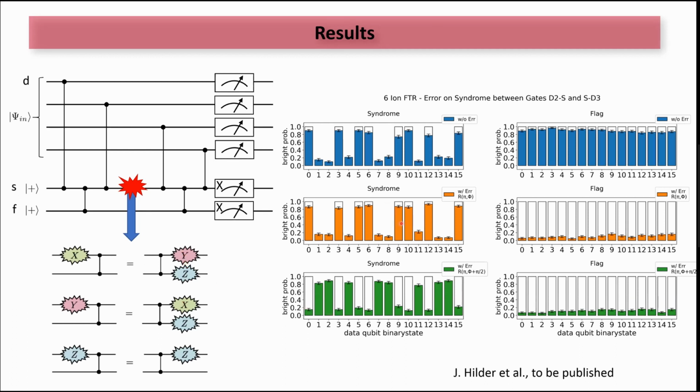So for example, if we have an X error on the syndrome qubit, the syndrome looks correct, but now the flag is raised, which shows that the error is successfully detected. But if we introduce a Y error on the syndrome, also the syndrome is flipped with respect to the correct state.